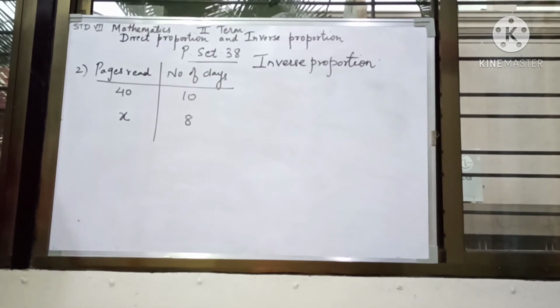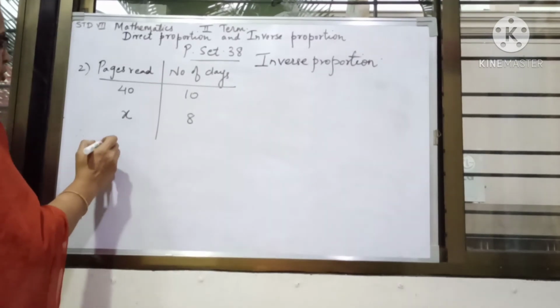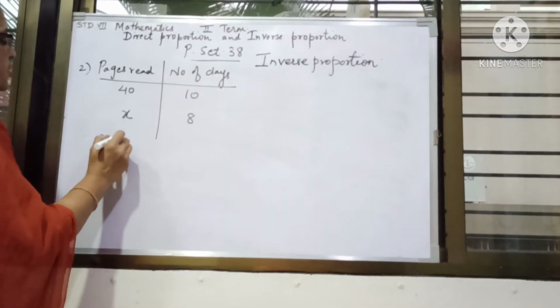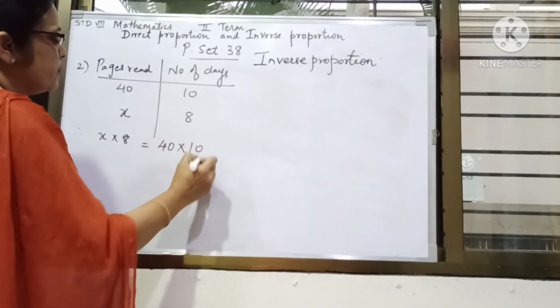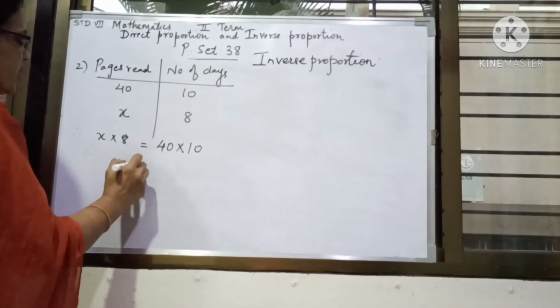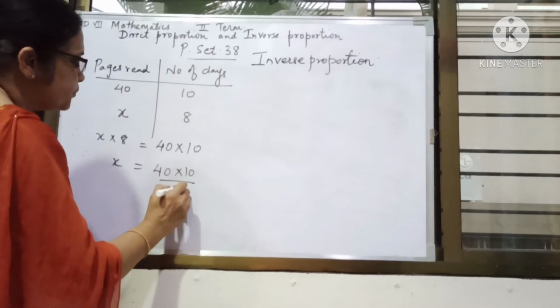So this is the example of inverse proportion. So let us equate in the form of equation. So x into 8 is equal to 40 into 10. Therefore x is equal to 40 into 10 upon 8.